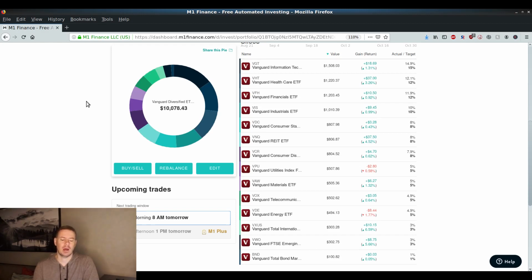It's a one-stop shop. The expense ratio is super cheap. It's like 0.03% on the total index ETF, the VTI. Most of these others are 0.1, so the expense ratio is going to be higher. That is the con of doing what I'm doing here.